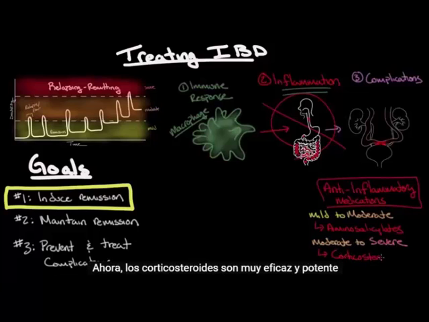Now, corticosteroids are very effective and powerful anti-inflammatories, but the reason they're reserved for some of the more moderate to severe cases of inflammatory bowel disease is because they can have many different side effects, and they shouldn't be taken for long periods of time. So they're really only used when necessary. And there are some other drugs that can be used as anti-inflammatory medications. However, the aminosalicylates and the corticosteroids are by far the most common anti-inflammatories.